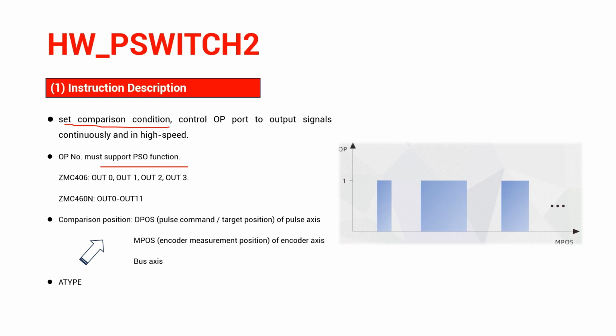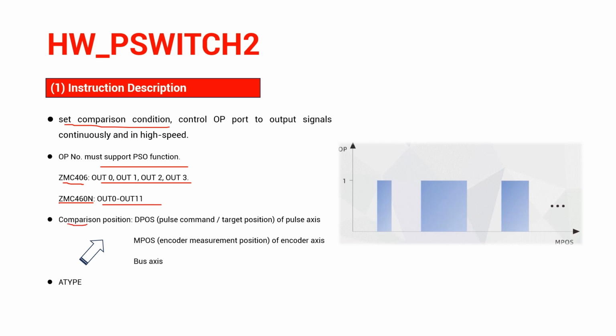Otherwise, the command cannot be executed correctly. For example, ZMC460 can use 4 outputs to output PSO signals. For ZMC460N, all outputs support. Therefore, we need to confirm which port supports PSO function before using.